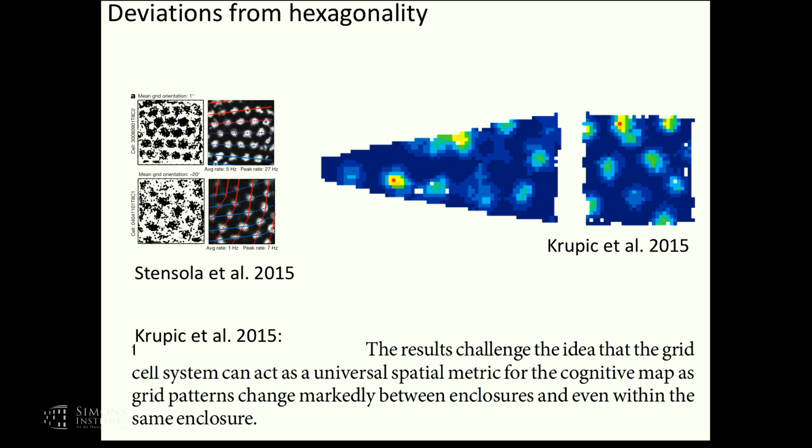And if you think about the globe we happily live on, locally we can do nice Cartesian coordinate systems, but when we get close to the pole, things get messy. Nevertheless, there is still a metric. So just having a situation where you have distorted grid fields does not imply that the metric is gone.